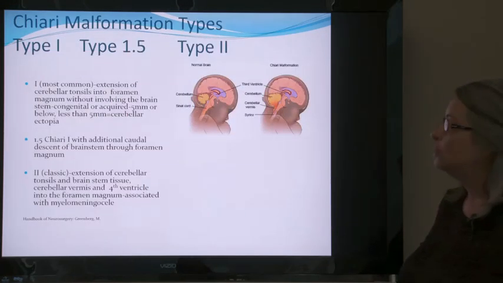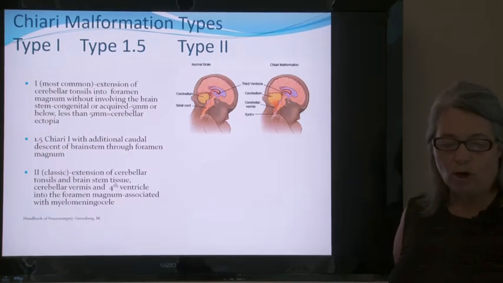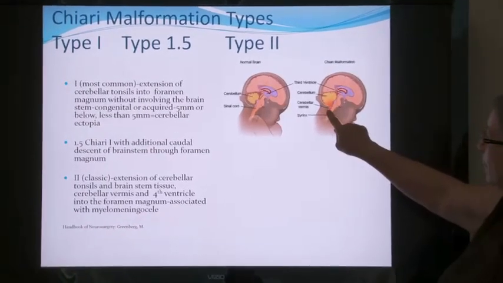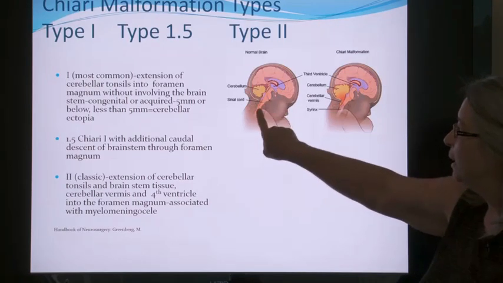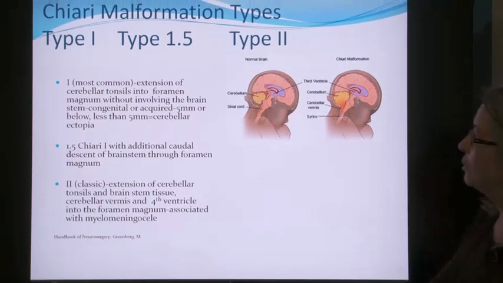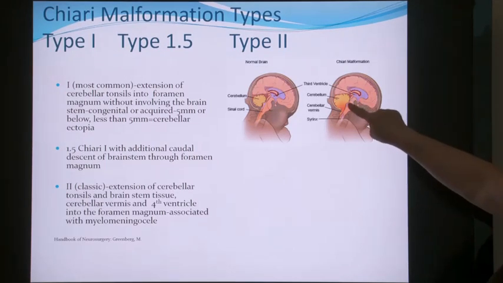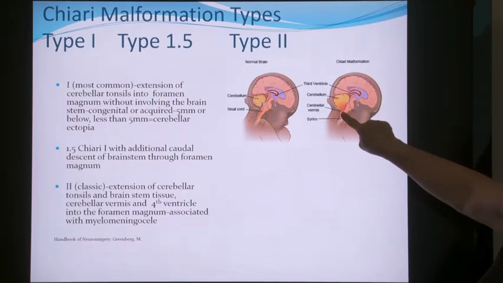So there's multiple types of Chiari malformation. Type 1 is the most common seen, and here's again a picture of the type 1. This would be normal cerebellum and the position of the tonsils. Type 1 is where the cerebellar tonsils protrude, herniate, or go through the foramen magnum.